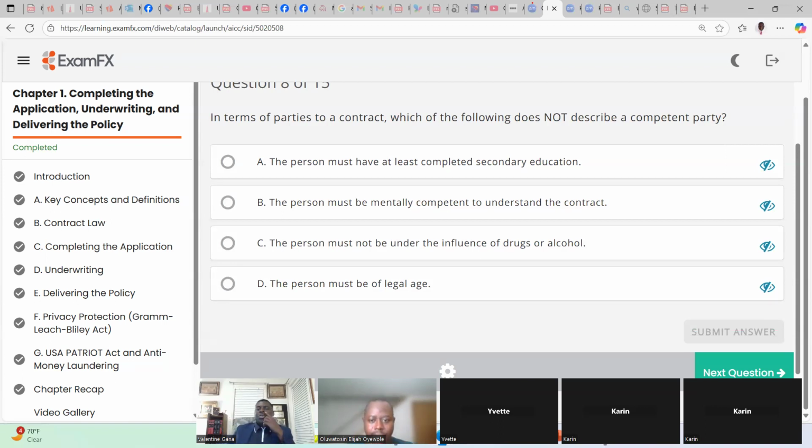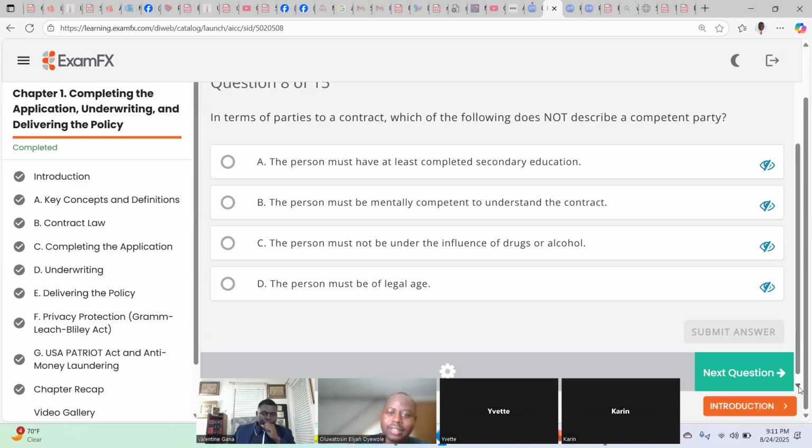Okay. So which of those does not seem like a condition that describes a competent party? Which of those is not relevant to getting into an insurance contract? The person must have at least completed secondary education. It does not have anything to do with competence.